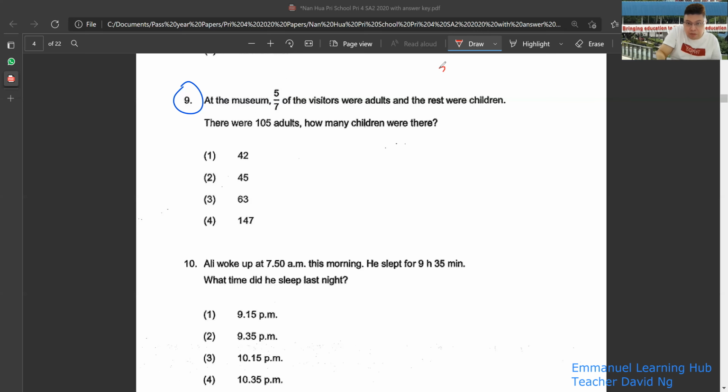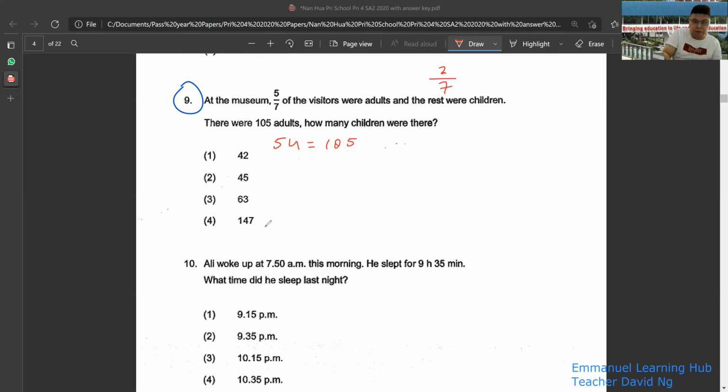So this 2/7 are children. So 105 adults, right? So how many units are 105? 5/7, or 5 units.